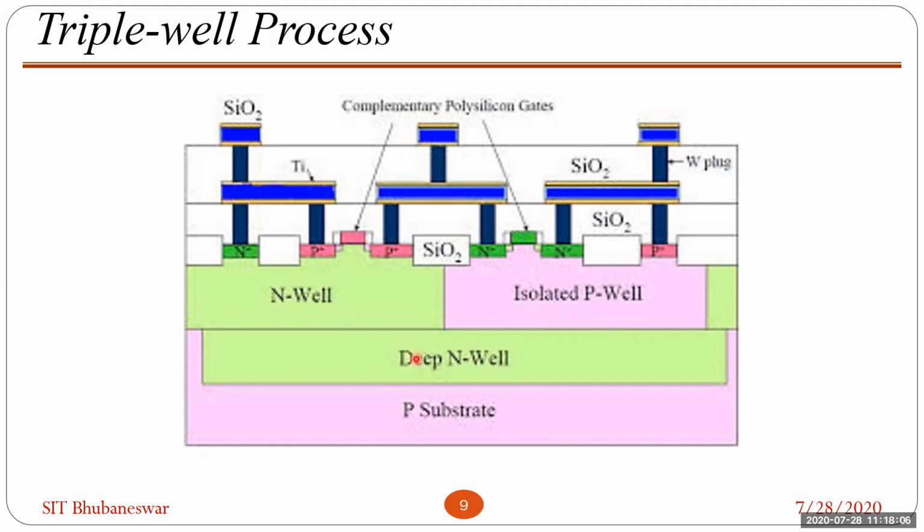That's why you have to avoid it. So you have to put another N well. That means this whole thing will be isolated from the substrate. Individually you can get better performance for the NMOS and N well, and it is not connected directly to the P substrate, only to avoid the substrate noise.